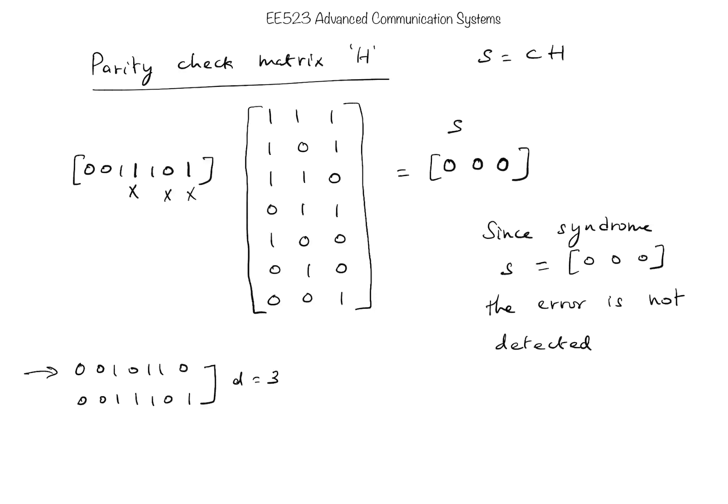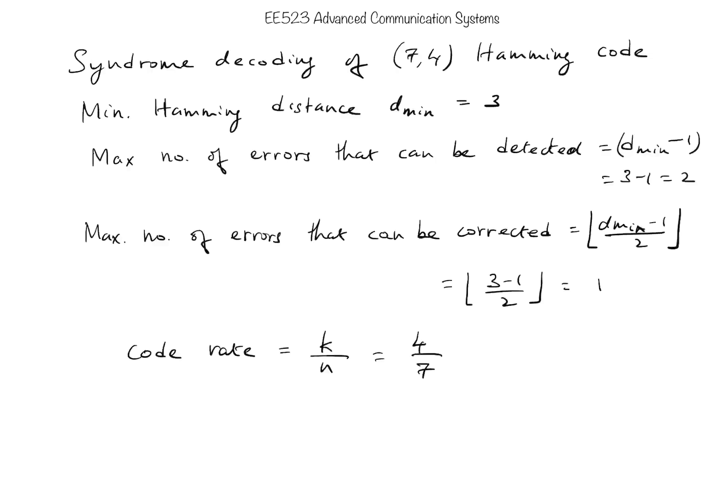Now the other thing I want to continue with is, in addition to the 7/4 Hamming code, what are the other values of n and k that we can have for the Hamming code? The design of Hamming code is such that the minimum Hamming distance is always 3, and with a minimum Hamming distance of 3, what numbers can you have for n and k?